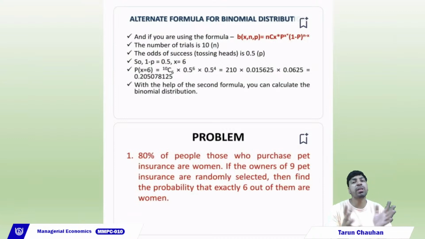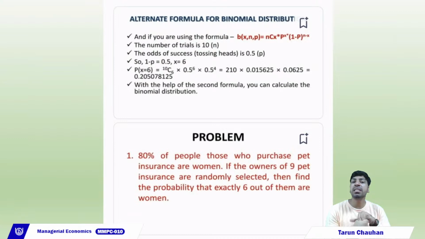What is the factorial of 10? That means 10 into 9 into 8 into 7 into 6 into 5 and so on. Factorial of 6 is 6 into 5 into 4 into 3 into 2 into 1. Once you multiply and divide all these, you will get 210.